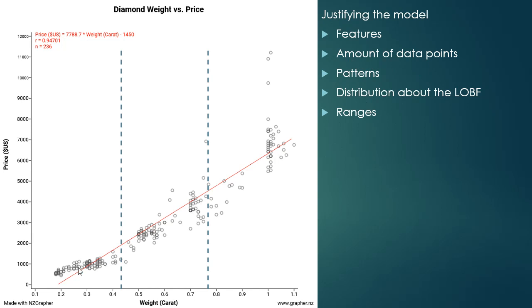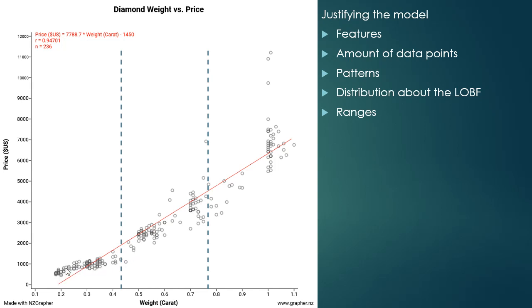There are a lot of data points and they are spread evenly along the range of weights, but there's definitely some patterns within the data points here. So if we look at the low weights, the pattern isn't being explained by the line of best fit. So for a start, they're above the line of best fit, then they're below the line of best fit. And so there's different patterns there.